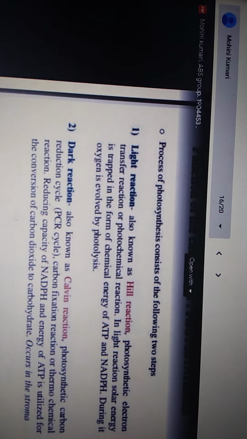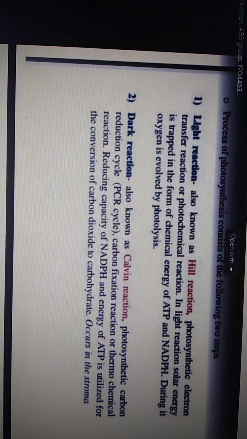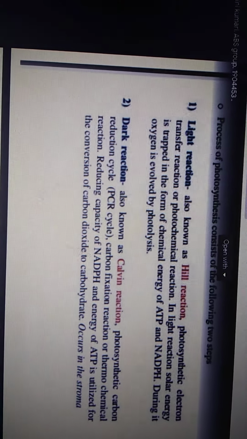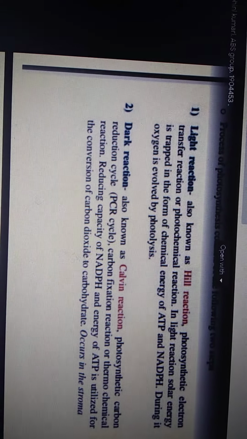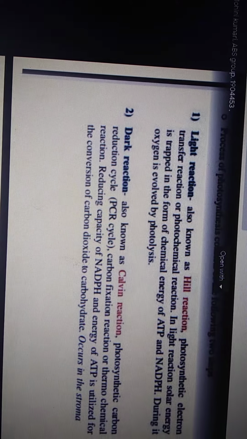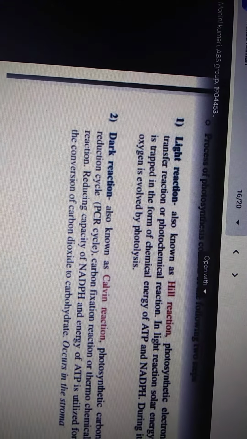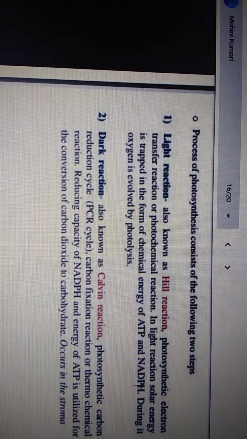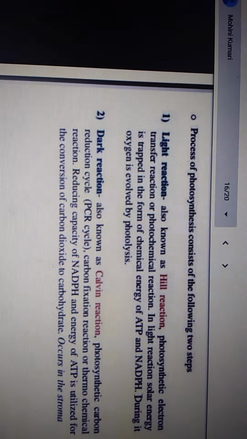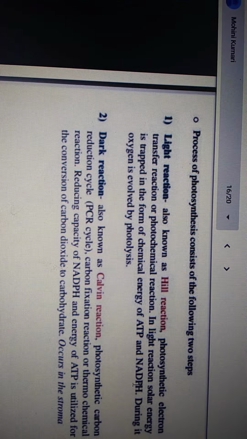I already told you that photosynthesis has a light reaction which produces ATP and NADPH2. Sometimes they write it NADPH plus H or NADPH2. In mitochondria it is NADH. Here it is NADPH, nicotinamide adenine dinucleotide phosphate.